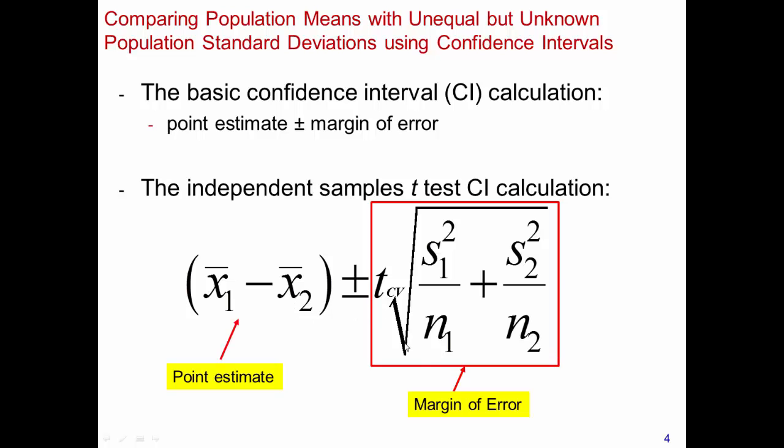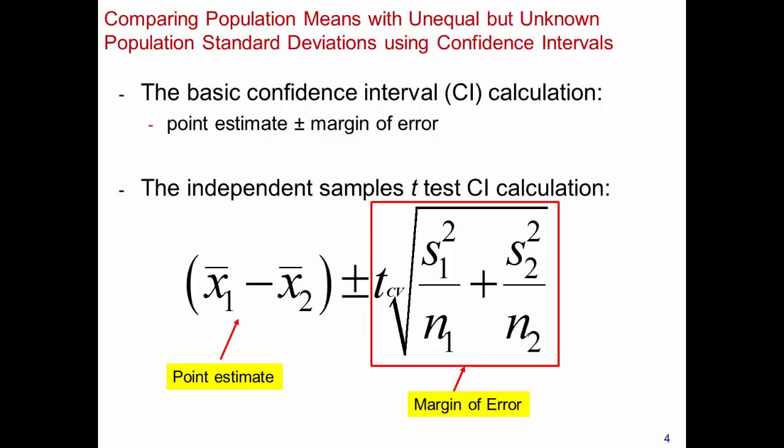And our margin of error is the t critical value times the standard error. And you might recognize this standard error as the denominator from our independent samples t-test example for the actual t-test calculation. But be assured that we're talking about the t critical value here and not the t-test value.